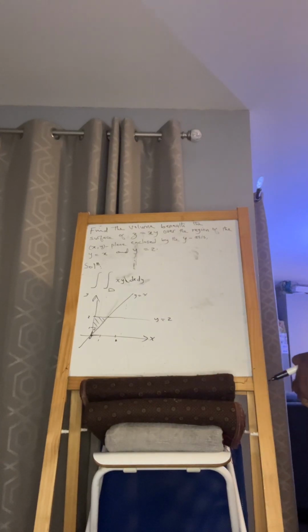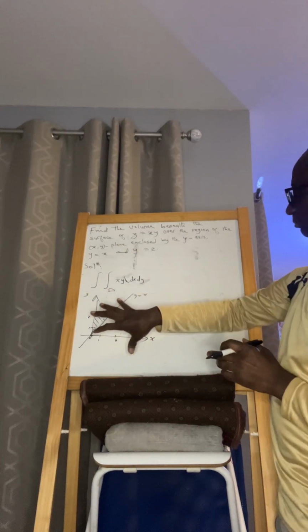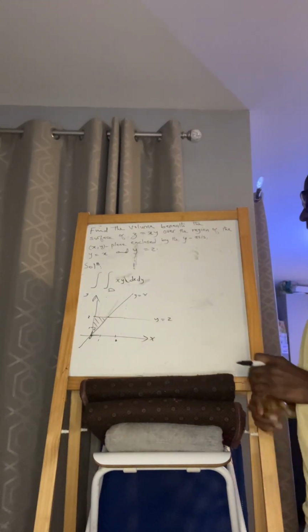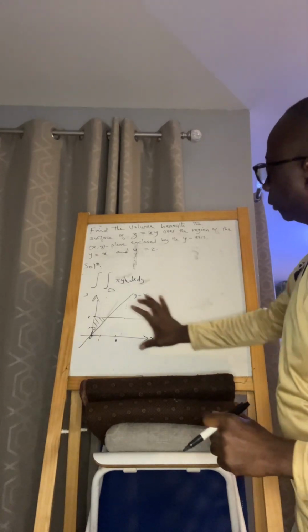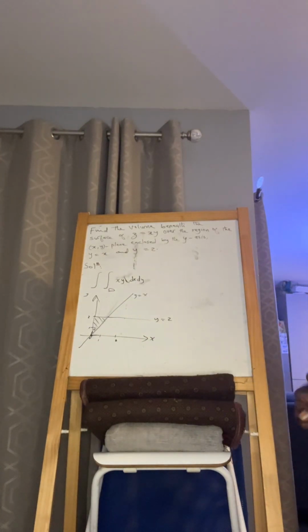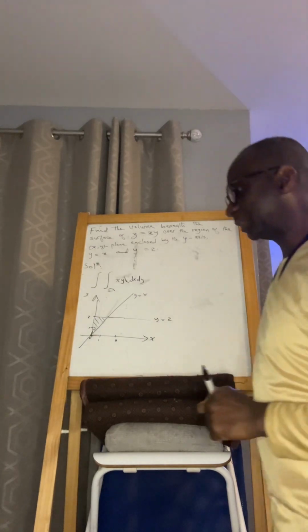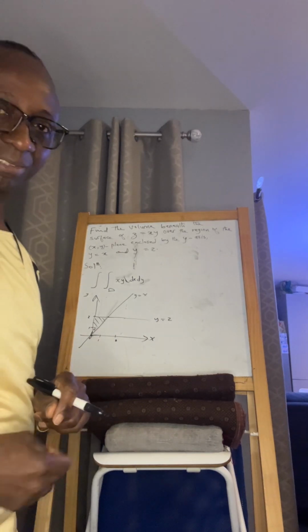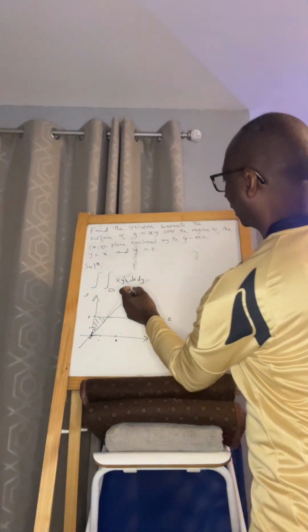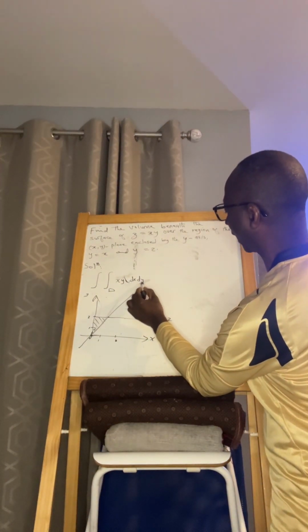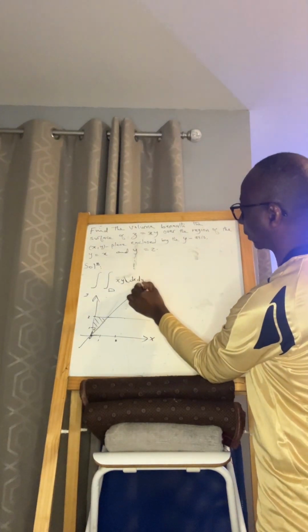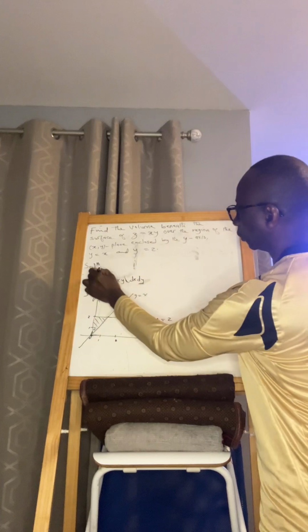So having this graph, we transform this problem into a graphical presentation. How do we get the limits now of this function? When you are solving double integrals, one thing you should always bear in mind: when you see the dx dy, it means this last one, dy, goes with this first one.